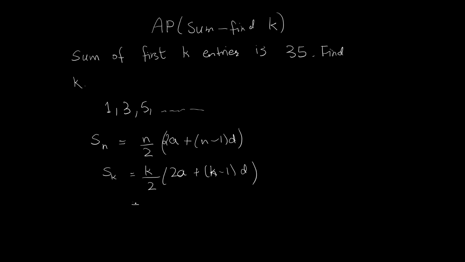And now you just have to substitute the values. We know the sum of k terms is 35, so s of k is 35. We don't know the value of k yet, but we know the first term, which is 1. Similarly, the difference is 2.